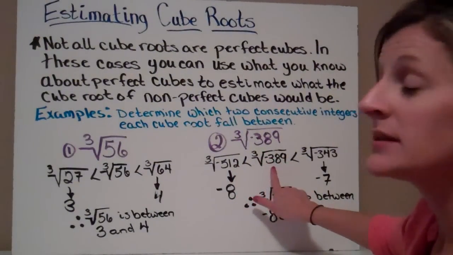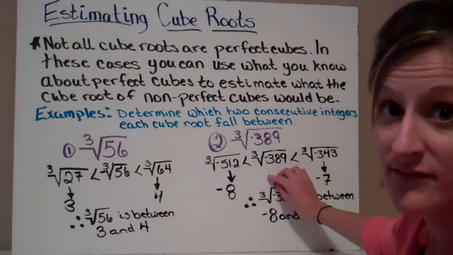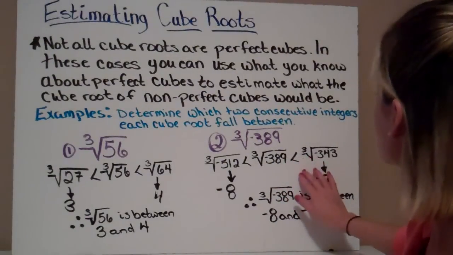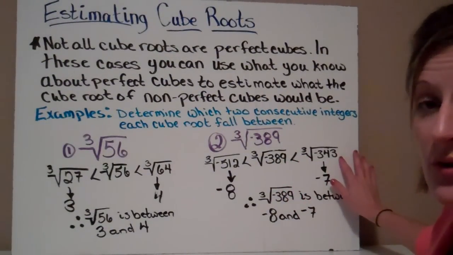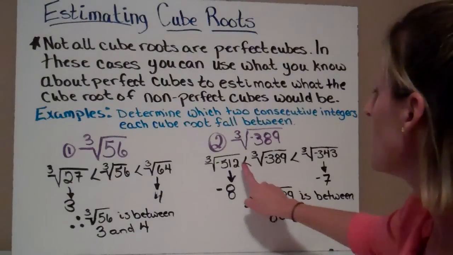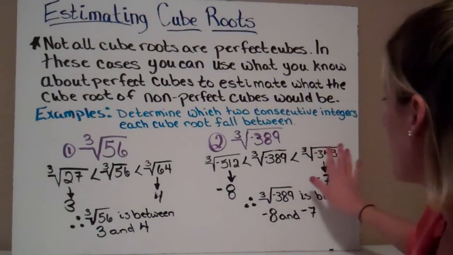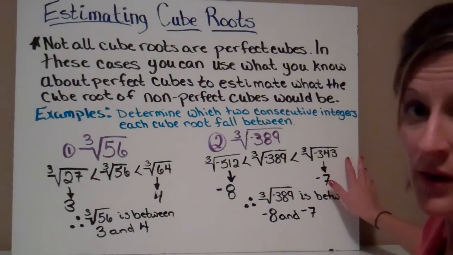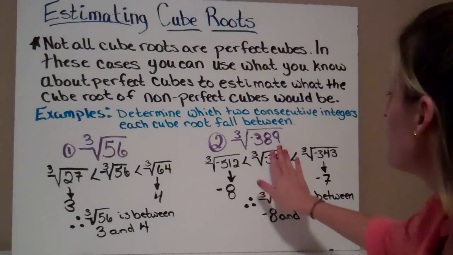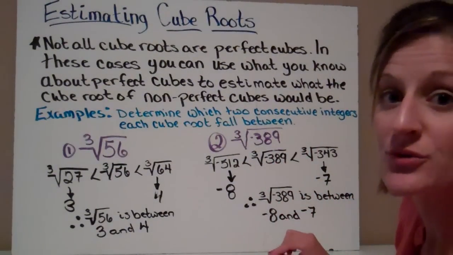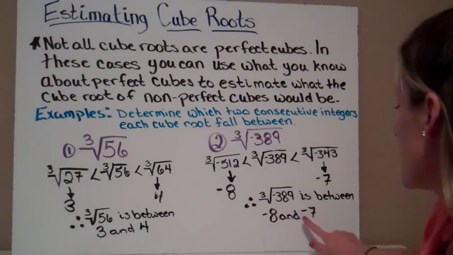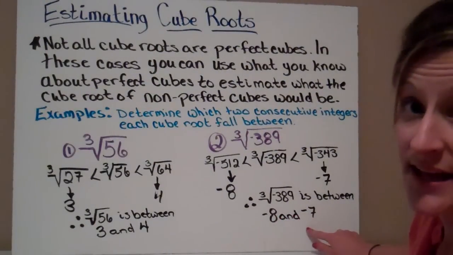It's going to be a little less than our cube root of negative 389, which is a little less than our cube root of negative 343. Now our cube root of negative 512 is negative 8, and our cube root of negative 343 is negative 7. So this cube root is actually going to fall between negative 8 and negative 7.